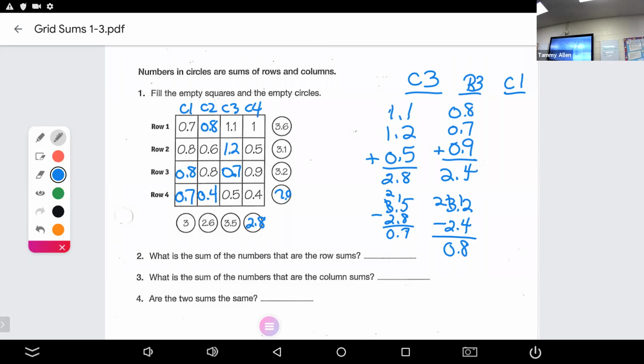Now, we've got that all filled in. Are we done? No, what do we still need to do? Okay, we need to add the circles together. So on the right-hand side, you'll need to add the sum of your sums.